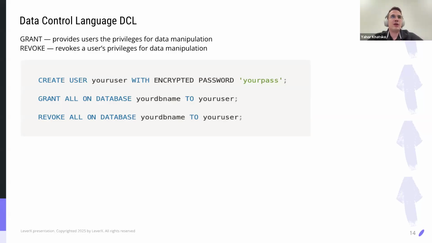And here we can see how we can create the user, and the next things are granting some kind of privileges. Here we are granting all the privileges on a specific database for the specific user that we created. So that's how it works.